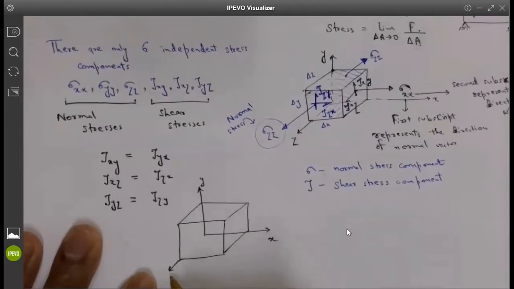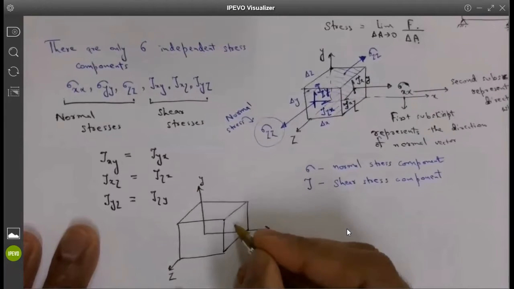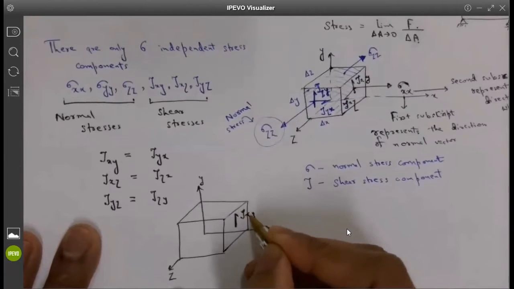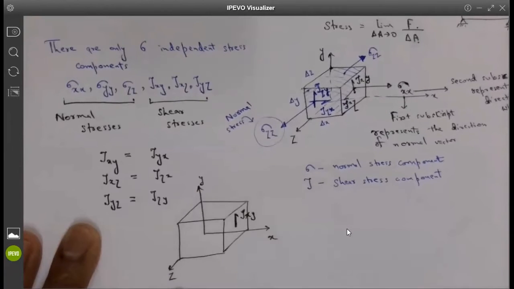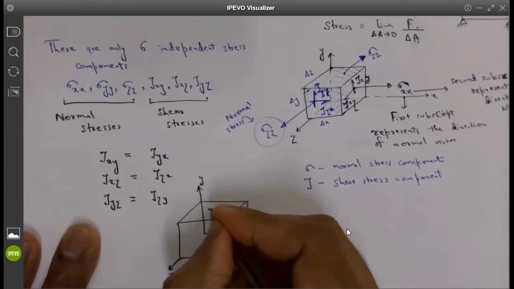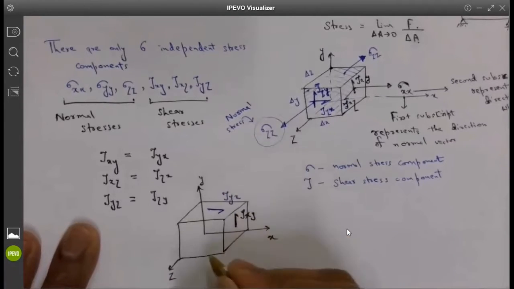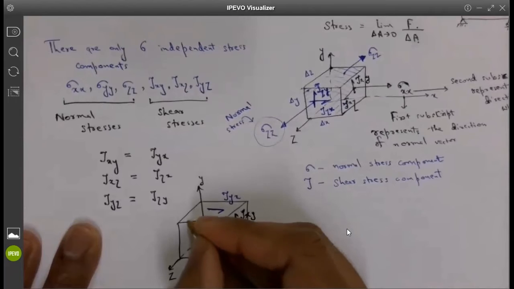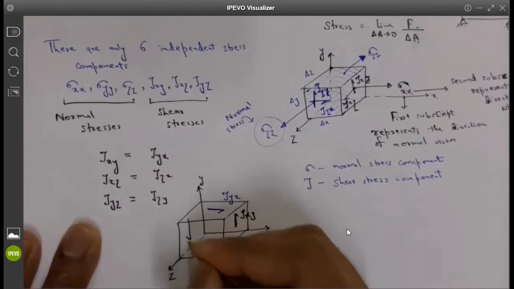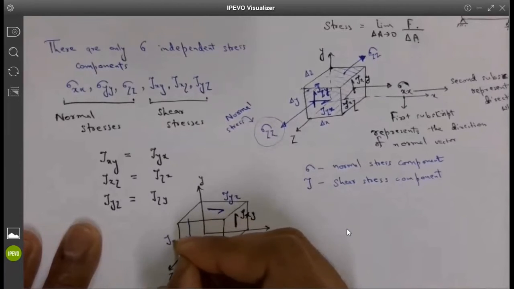I'm not drawing any normal stress component. I'm just drawing the shear stress components, and that too on one plane. So it is tau XY, tau YX, tau YX and tau XY.